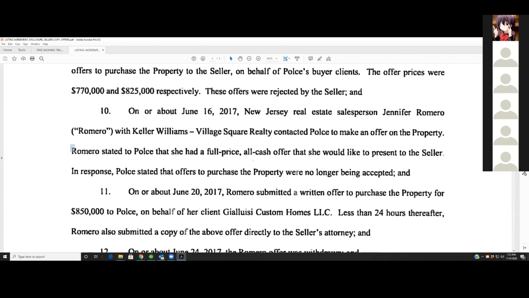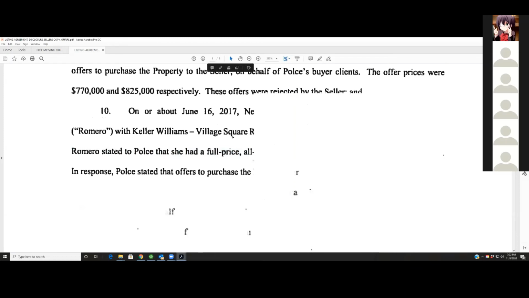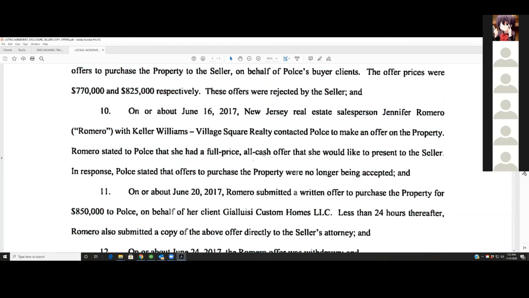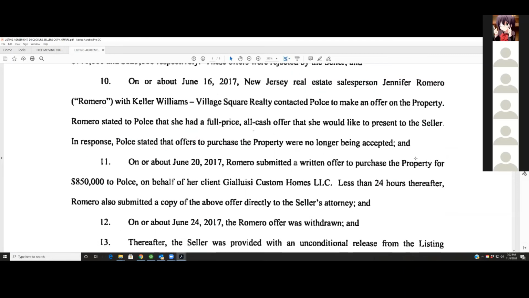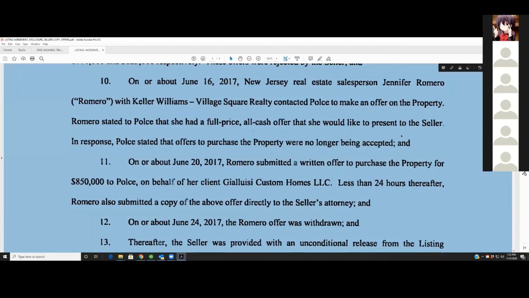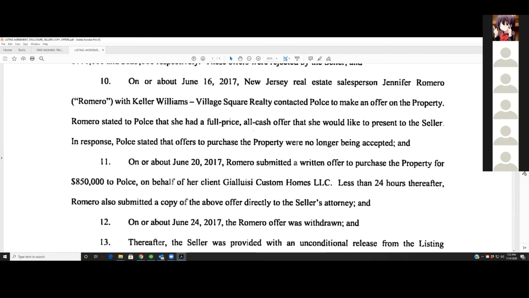So the listing broker told the buyer's agent from a different agency she had a full price, all cash offer that she would like to present to the sellers. And the listing agent said the sellers are not accepting any more offers. Romero submitted a written offer to purchase the property for $850,000 on behalf of her clients.